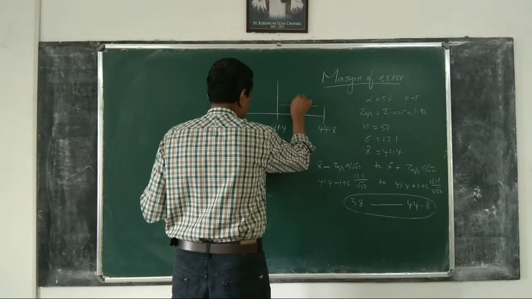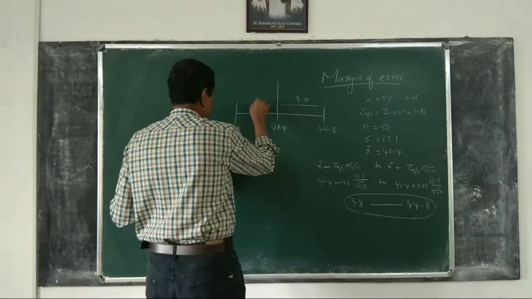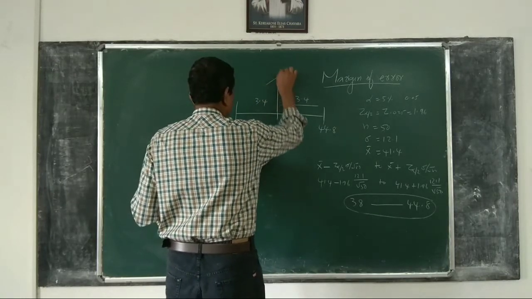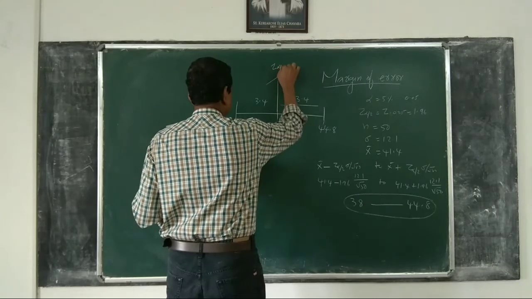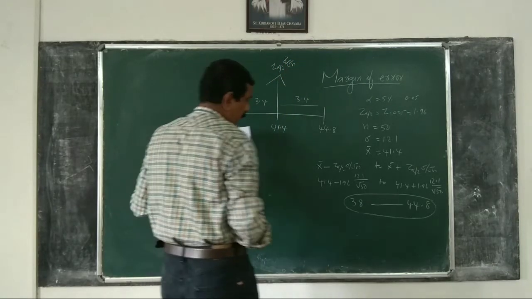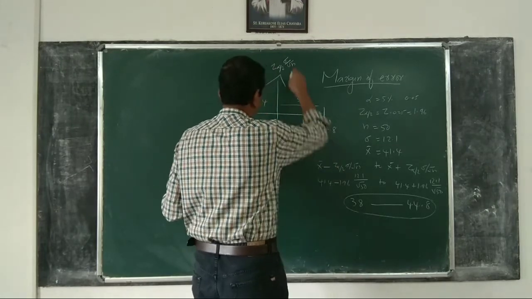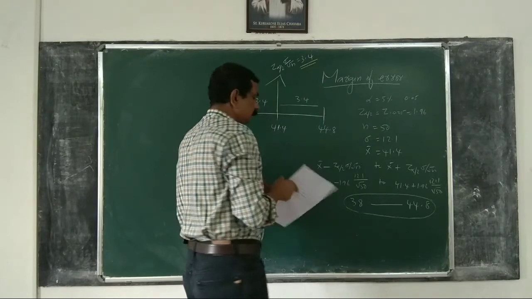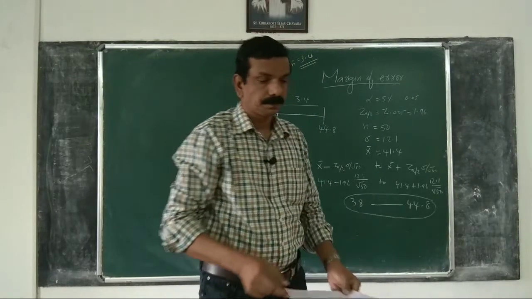This is 3.4. This is also 3.4. And this value is Z alpha by 2 sigma by root n. Z alpha by 2 sigma by root n is 3.4.